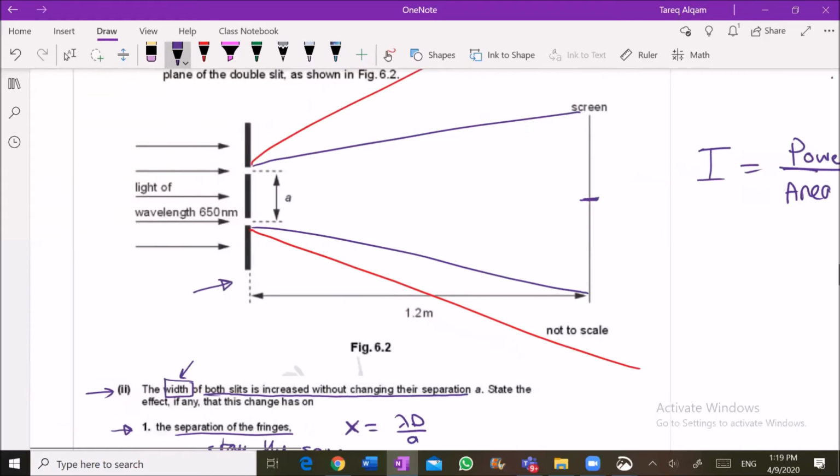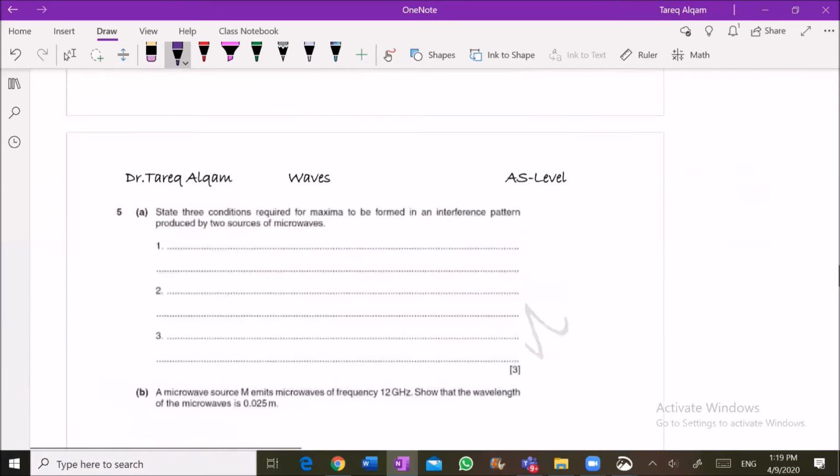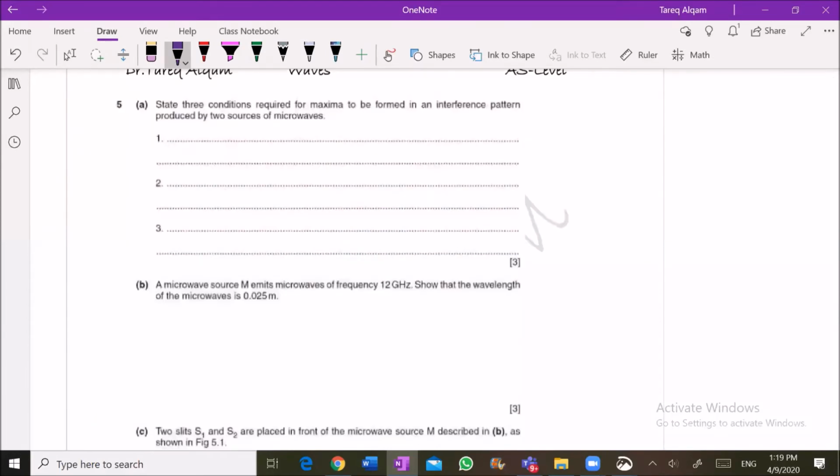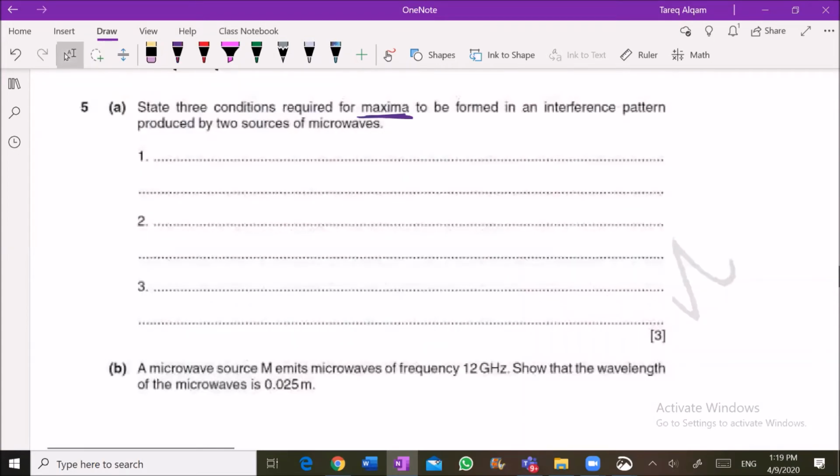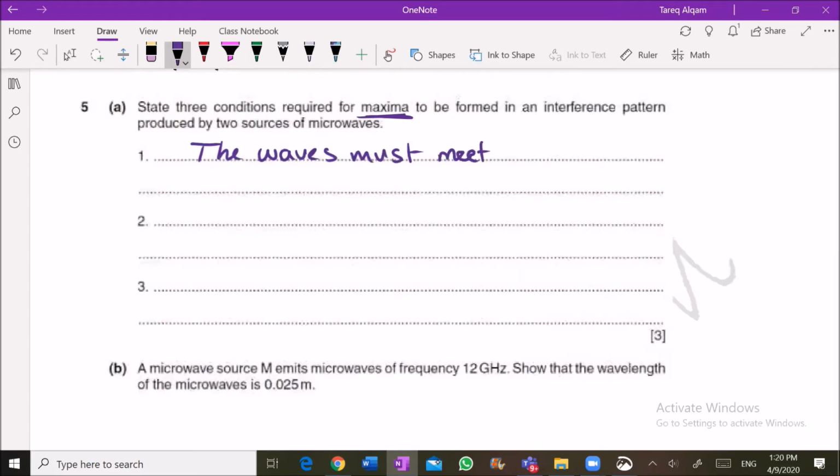Guys, if you have any question, please ask me. Here, another question. State 3 conditions required for maxima to be formed by interference pattern. حكينا هون أول شيء the waves must meet or overlap. They should be in phase.